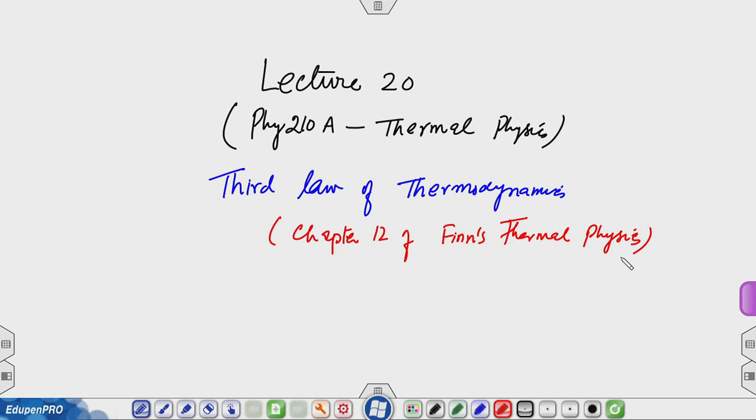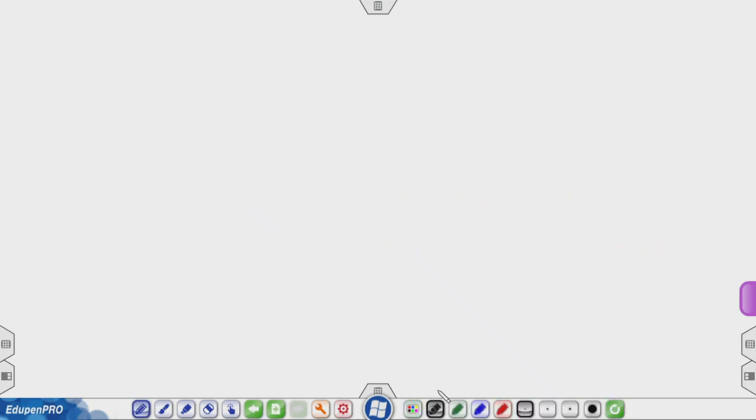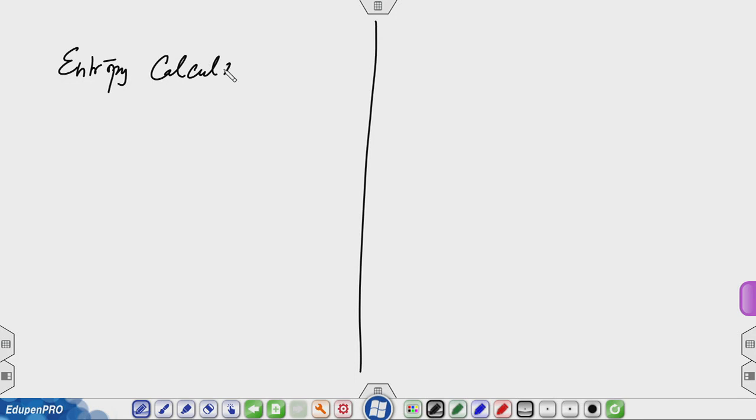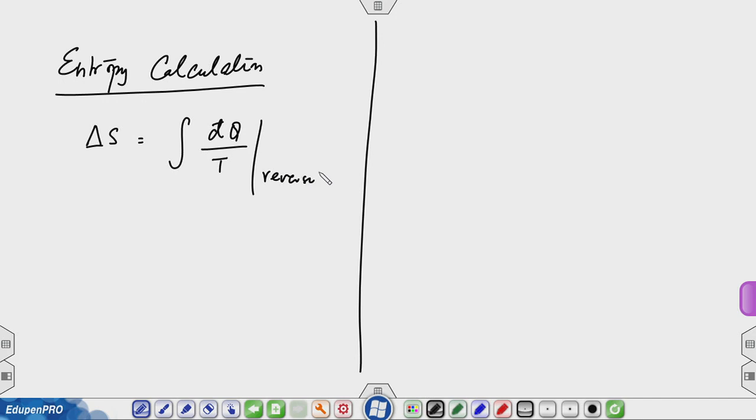So to motivate, let us go to the entropy calculation, where we had written that delta S is equal to the integral of dq over T over a reversible process.